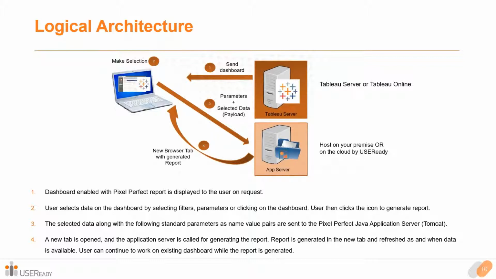At design time, what we had to do is set the actual parameters by dragging and dropping the extension and then publish the workbook to Tableau server. Tableau handles the rest. Behind the scenes, as you can see under pointer number 1, exists a pre-created, pre-canned report built using open source components that sits on a Java application server, in this case, a Tomcat server for the purpose of the demo.